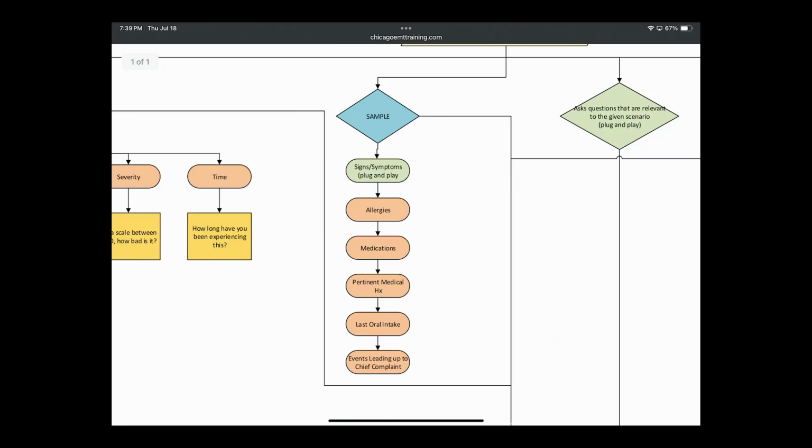If we were to go on to SAMPLE, S is for signs and symptoms, and you would plug and play the relevant signs and symptoms dependent on the patient's chief complaint into this area.